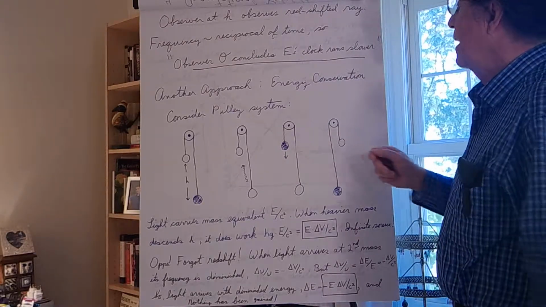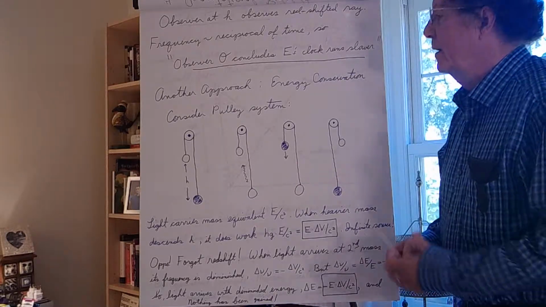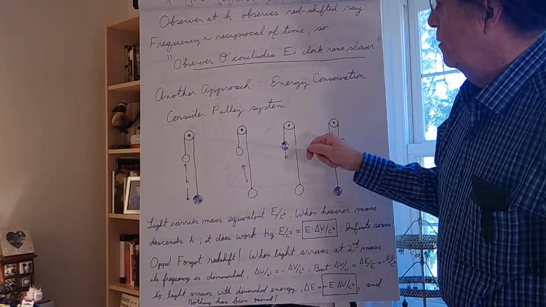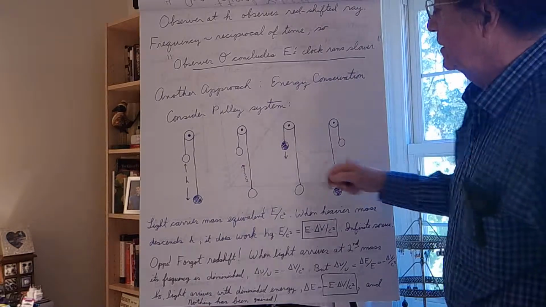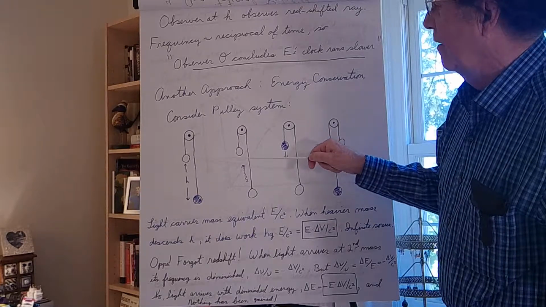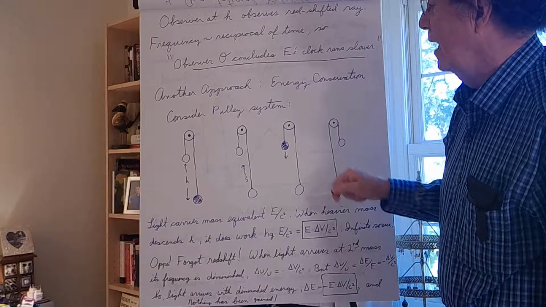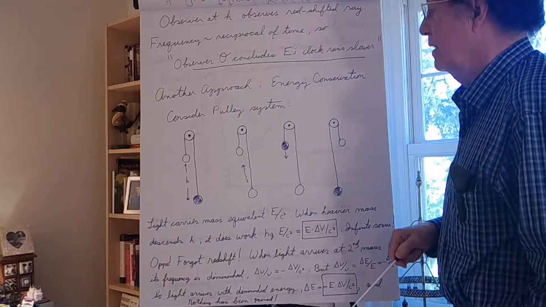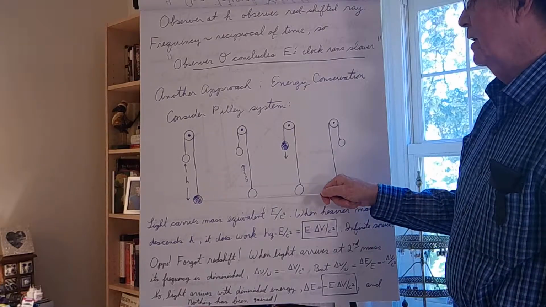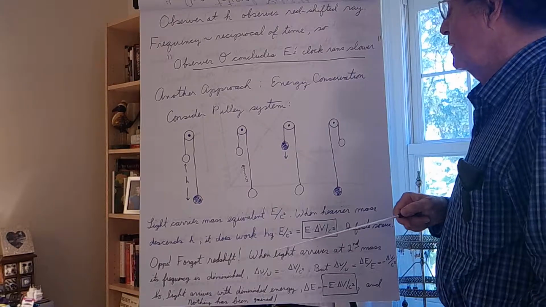Here's one. We can think about energy conservation. So here I imagine a pulley system, a fixed pulley system. It's in a gravitational field, and I have an observer on one side and an emitter on the other side. They're at a different height h. And the fellow at the lower level shoots a light ray up to the one at the higher level, which absorbs it.